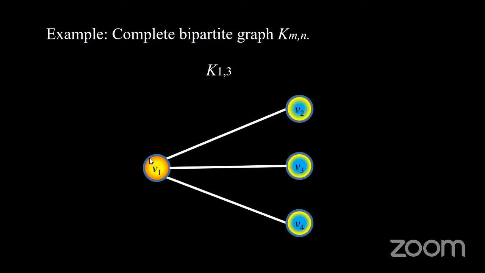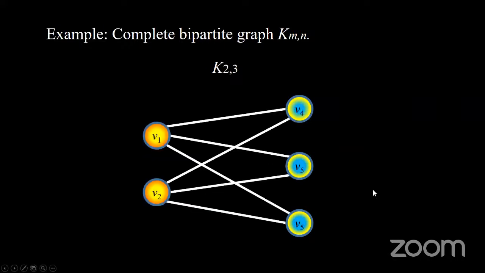This one is 1 here and 3 there. So this one is connected to each of the vertices on the other side. This is 2, 3. So here you have 2, and there 3. This one is connected to all 3 on the other side, but it's not connected to this one.